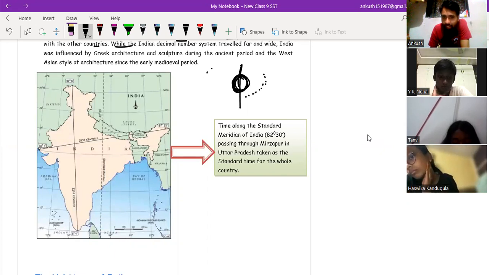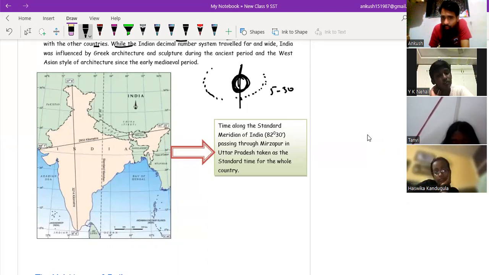So America is coming from behind. If we are from Greenwich, we are ahead 5:30 hours. So from this place we are 5 hours 30 minutes ahead here.